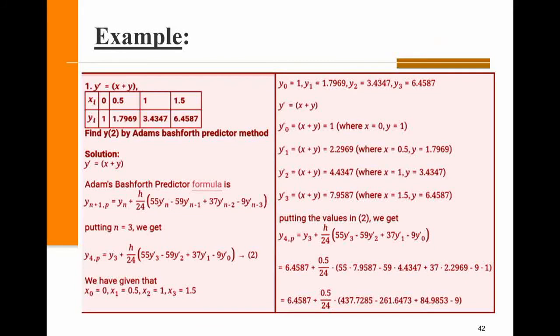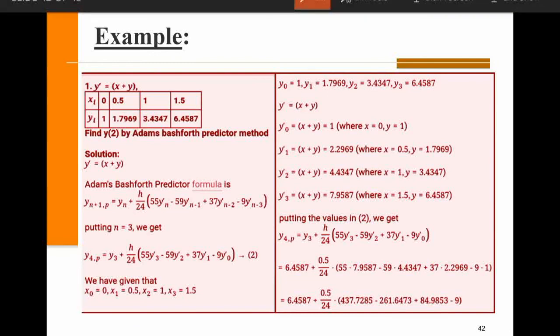So one example, in the similar way as we have done in the previous example. Again, I have taken the same problem, the same example which we learned in the previous Milne's method, right? The same example I have taken to compare the results. So see, again, same x0 given, x1 given, x2 given, x3 given, and y0, y1, y2, y3 are given to us.